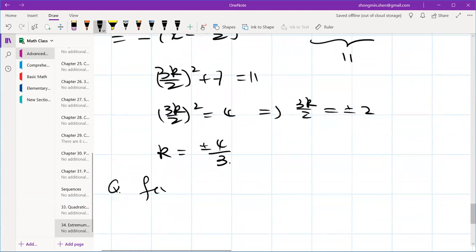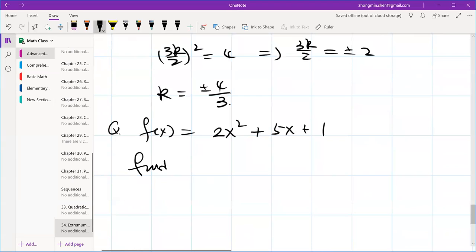So you are given the function, for example, 2x squared minus 5x plus 1, okay? Find the extreme value. So you have to express it in the standard form.